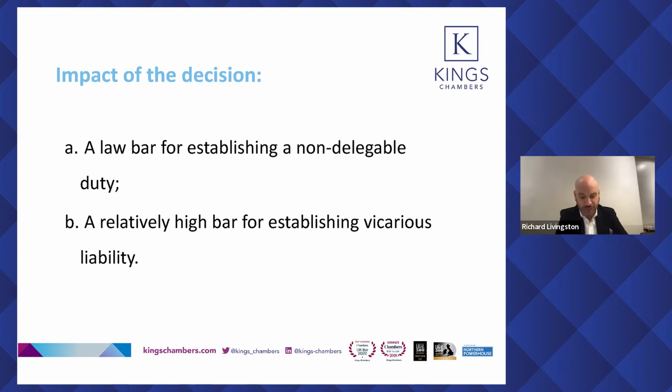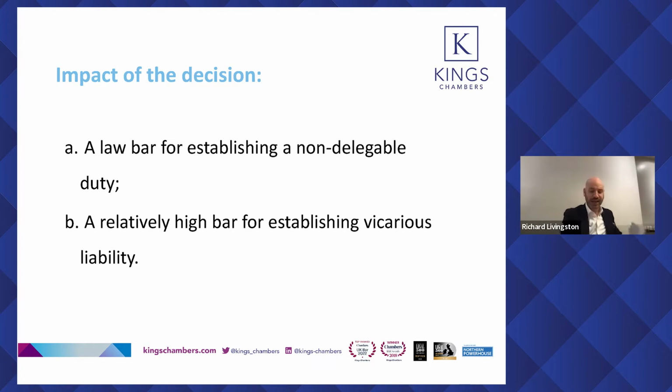And fourthly, the ability of a patient to choose which of the defendant's practitioners should treat them doesn't negate a non-delegable duty of care. And ultimately, the court will step back and ask itself whether, on the facts and the contracts between the parties, the claimant was a patient of the defendant.